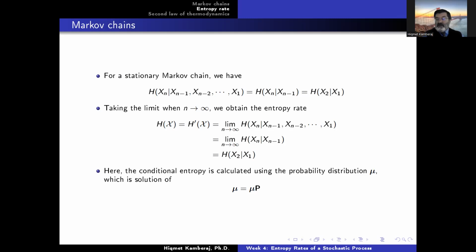Then I can remove the limit, and I have H of X2 given X1. Here, the conditional entropy is calculated using the probability distribution mu, which is the solution of the equation mu equal to mu times P.